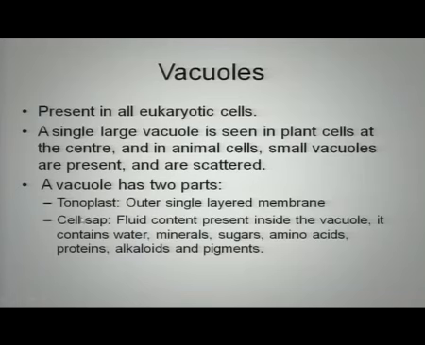The fluid content seen inside the vacuole is known as cell sap, and it contains different components like water, mineral elements, sugars, amino acids, proteins, alkaloids, and even pigments.